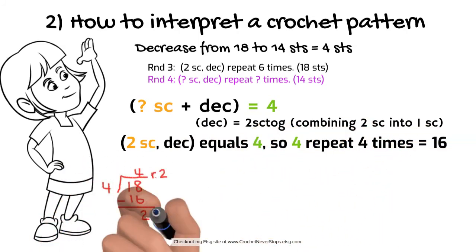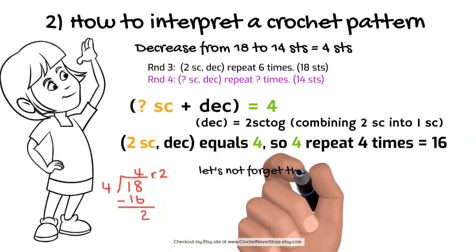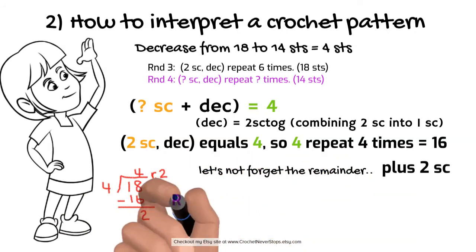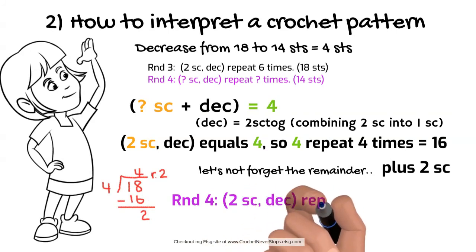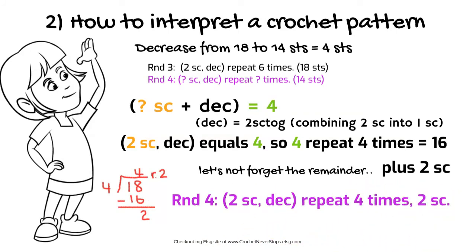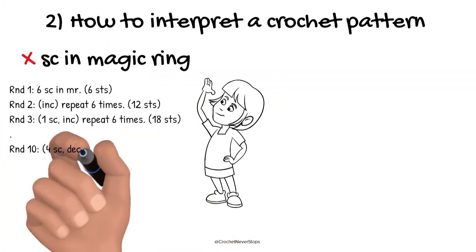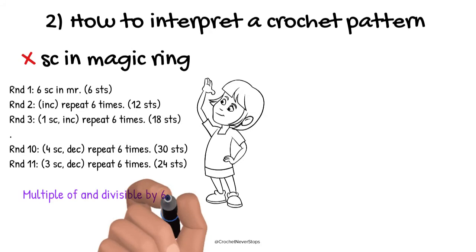So 4 repeat 4 times equals 16. Let's not forget the remainder of 2. So the answer is 2 single crochet plus decrease, repeat 4 times, plus 2 single crochet is a total of 14 stitches.